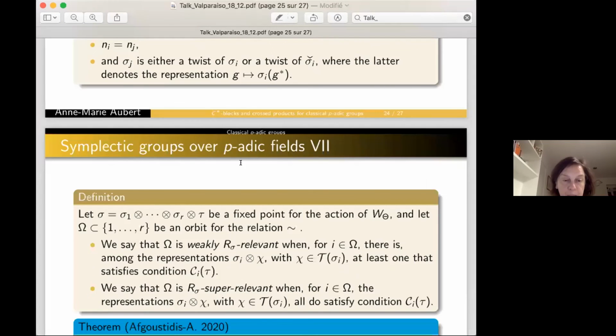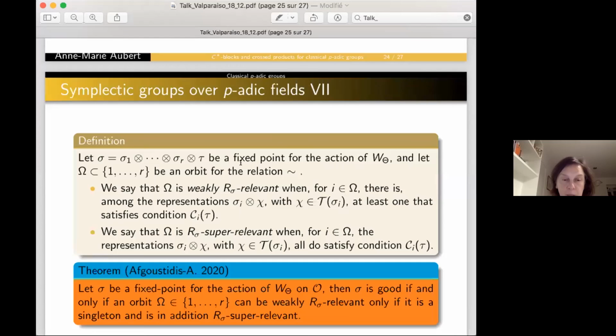And then we can make the following definition. We start with a representation sigma, a discrete series, and you assume that it is a fixed point for the action of W(theta), and we fix omega a subset of 1 to r, which is an orbit for the equivalence relation we have just defined.